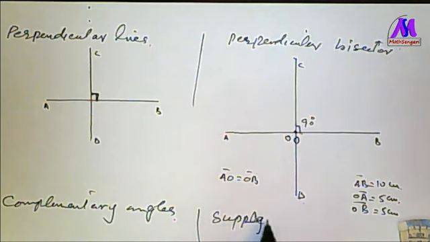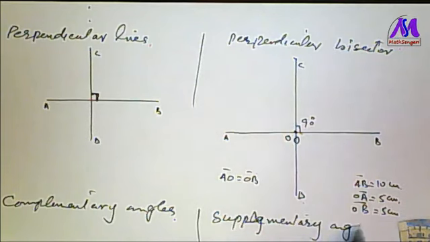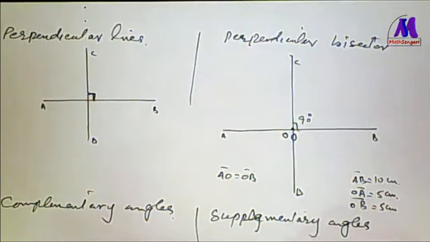Basically, the difference between these two types of angles: when two angles add up to 90 degrees, then they are called complementary angles. For example, suppose one angle is 50 degrees and the other angle is 40 degrees.